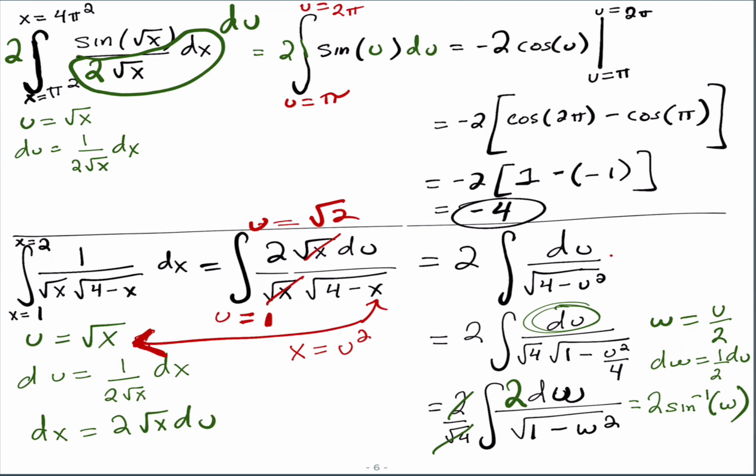All right, and then what about w? When u is 1, w is 1/2. When u is square root of 2, w is root 2 over 2, right?